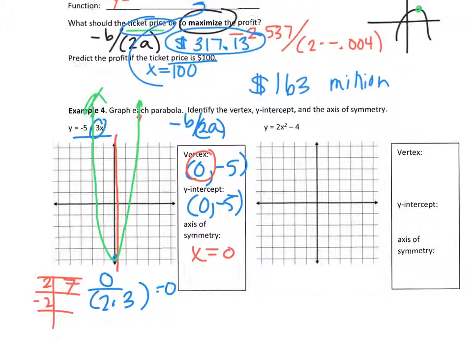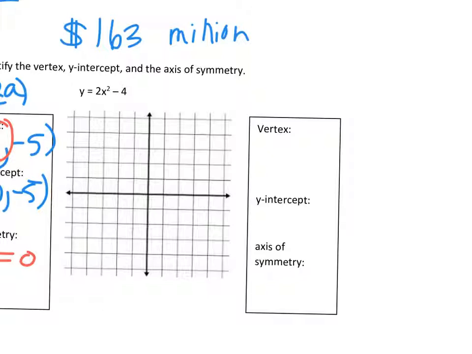Okay, second one, vertex is -b over 2a. A equals 2, and b, there's not a number in front of x. A is 2, b is 0, c is -4.